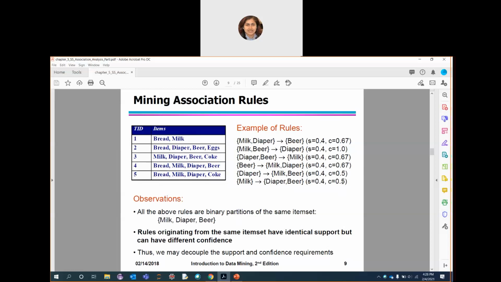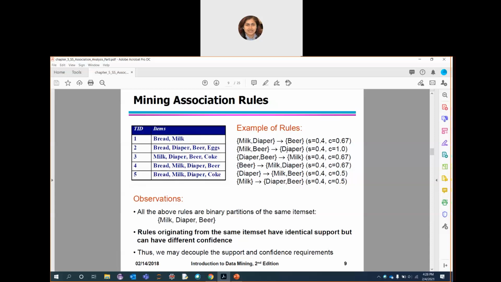Okay. So all the rules are having a binary partition of the same set. Like here you have 2 items, here you have 1 item. This same thing is going on for this one and this one as well. And in the next one, this side has 2 items and here there is another one. So this type of partition is called binary partition.